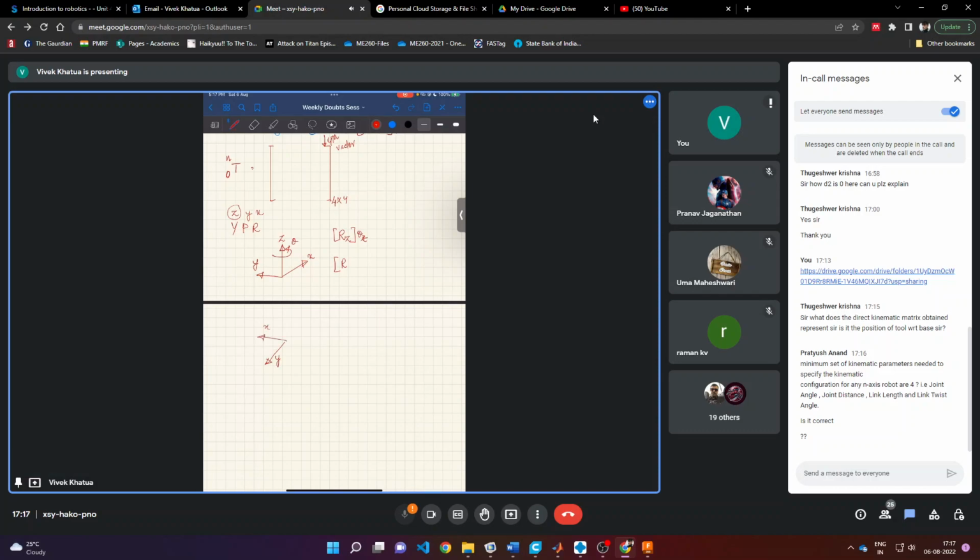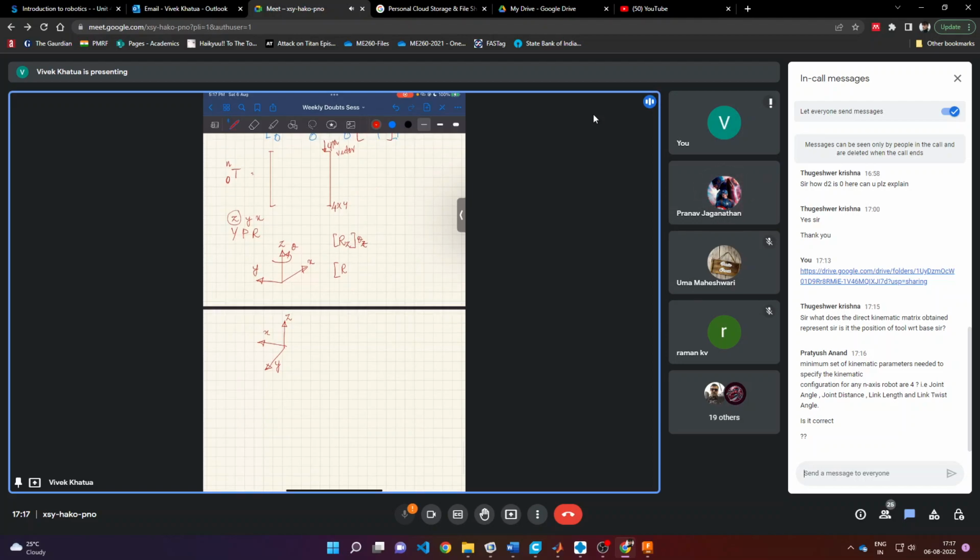After that rotation, you get a new axis. From this axis, you use the y axis and rotate about it. That is theta y. Then about the x axis you rotate by theta x. That is your roll rotation; the y rotation is pitch.